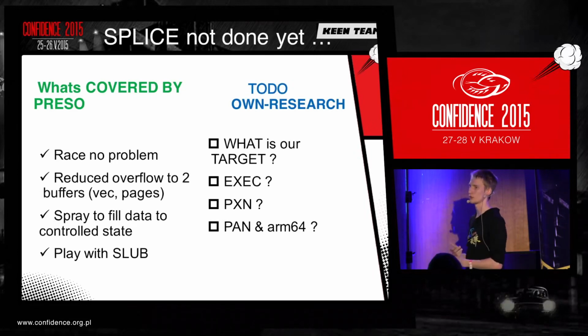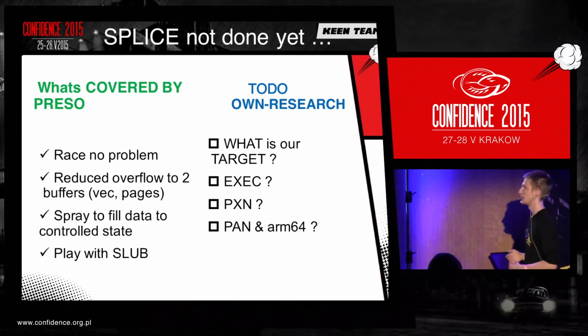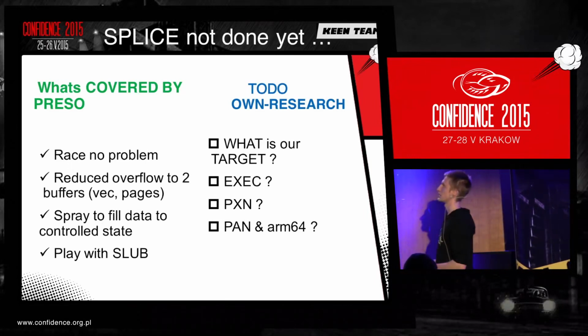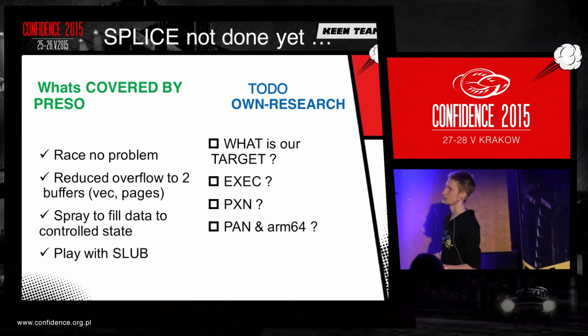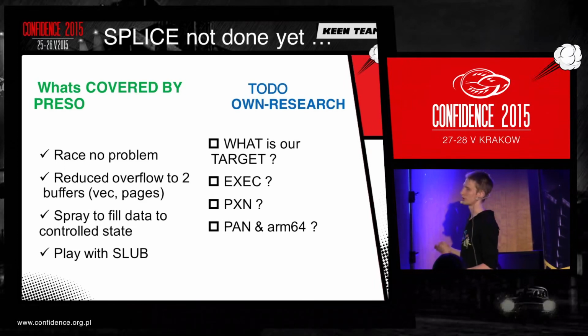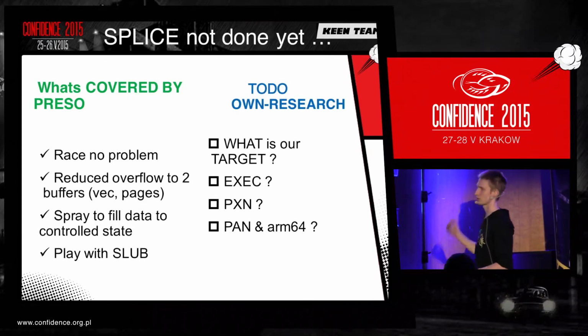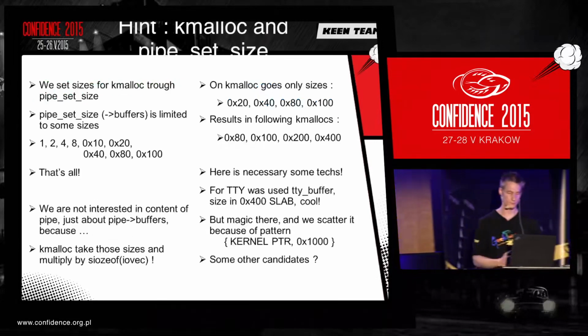In this case, you cannot override this magic because you overwrite just with a kernel pointer and page size, and that's the problem. And the other thing you need, for example with 64-bit devices, is that it's going to enable privileged access never and privileged execute never protections against user mode data. So it's very good to also play with these things.